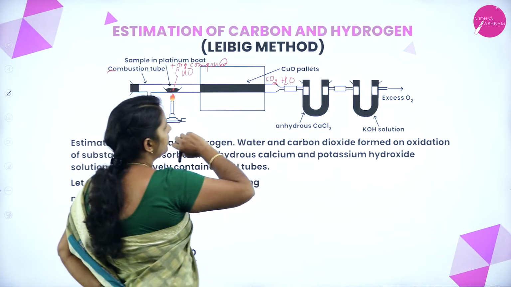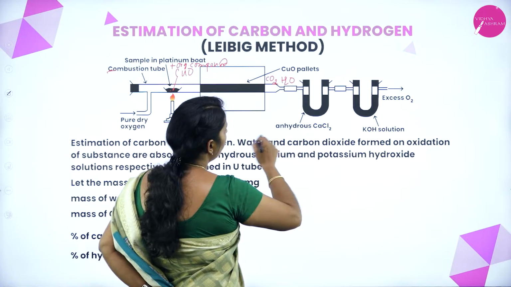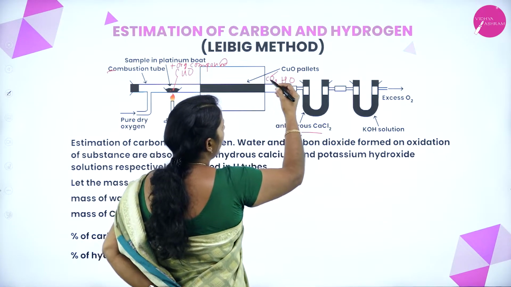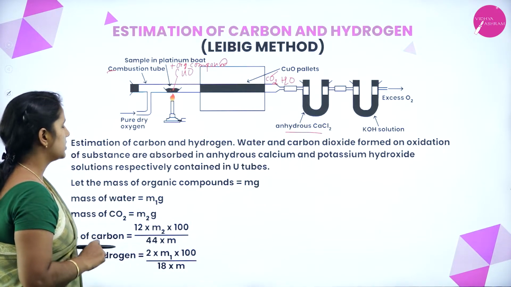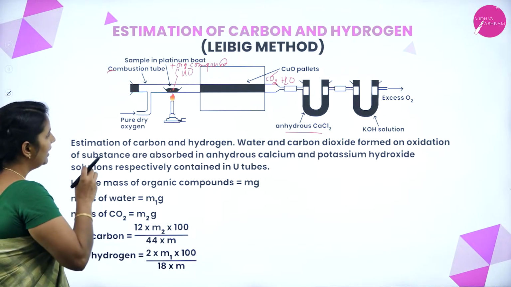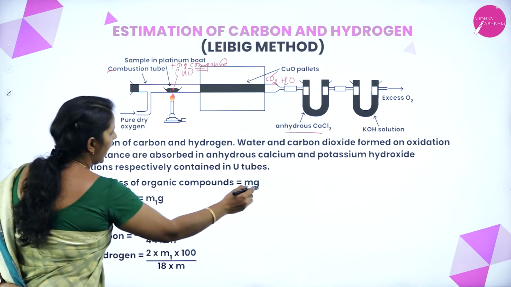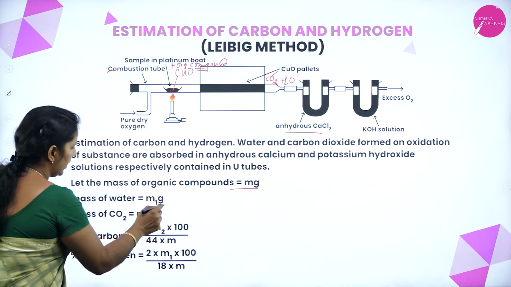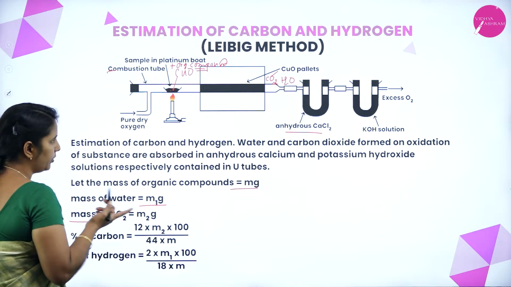This water gets absorbed by the calcium chloride, whereas carbon dioxide gets absorbed in the potassium hydroxide solution. So how do we do the calculation here? Let us consider the mass of the given organic compound as m gram, the mass of the water as m1 gram, and the mass of carbon dioxide as m2 gram.